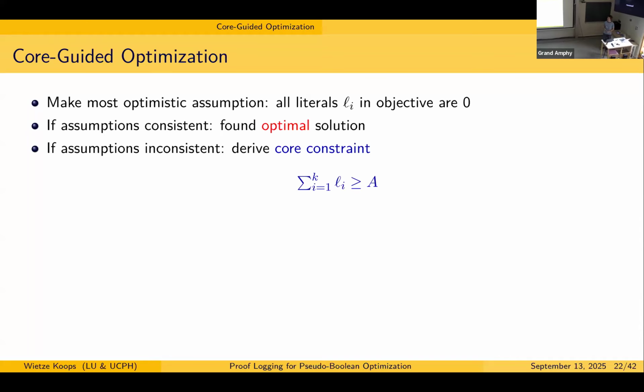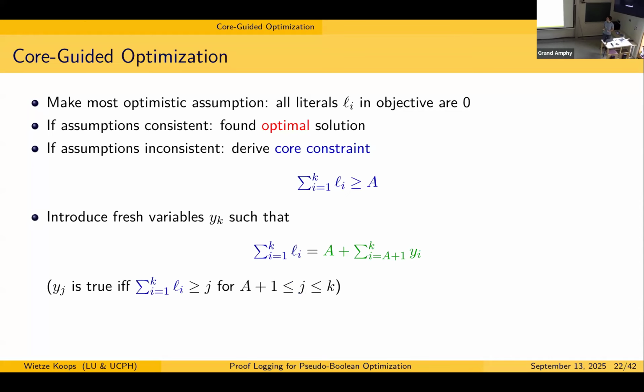And then we're going to derive this core constraint. We're always going to pre-process this constraint so that it is a cardinality constraint, which means it's just a sum of literals without coefficients that is larger than some right-hand side. Now we're going to make this inequality into an equality.